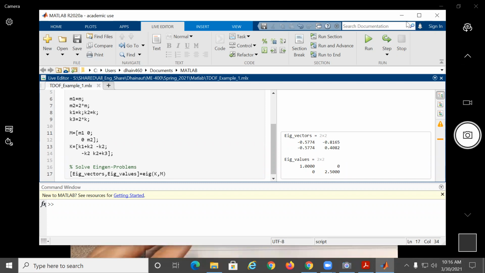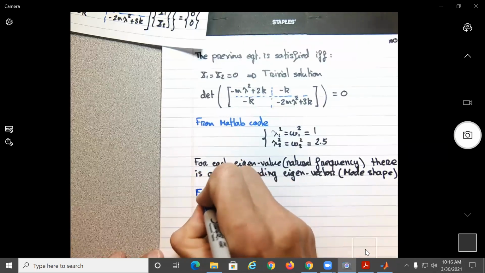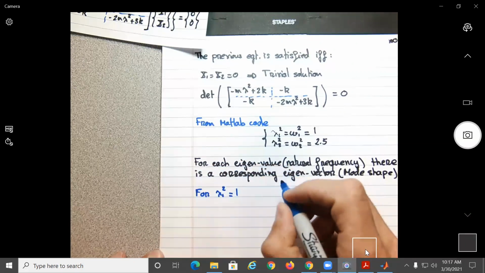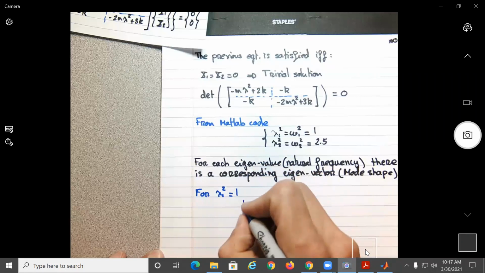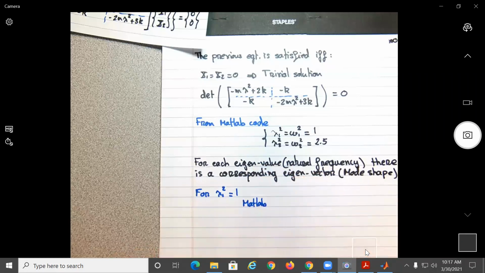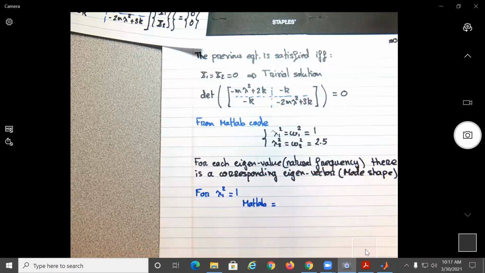So let's say, for lambda 1 squared equal to 1, MATLAB gives us what?